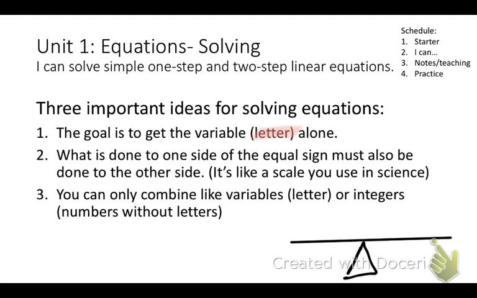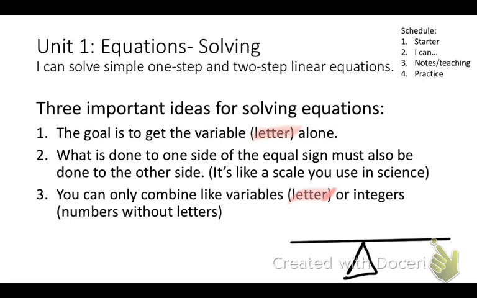Because if it doesn't stay balanced, then we have not done our situation right. Okay, and we're going to talk more about this balancing with a few manipulatives in class. Also, our third one is you can only combine like variables or integers, and those are the numbers that don't have any letters.